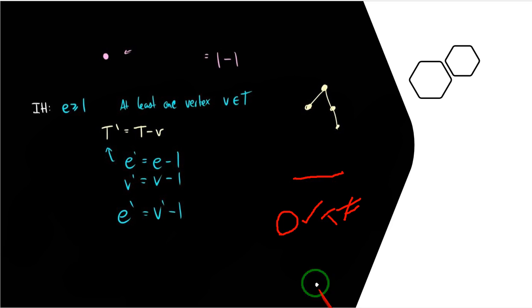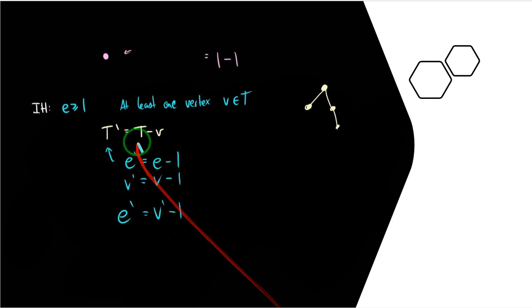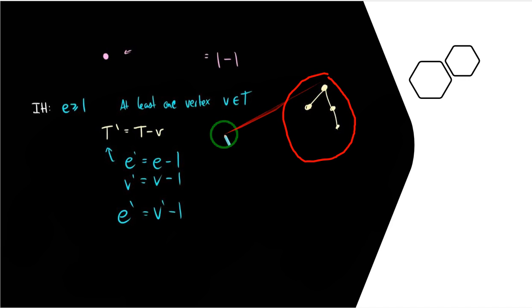Okay, so let's come to prove it. Using the same formula as I mentioned before, we have an old tree, and we need to make a new tree. So we can say that the new tree T prime is equal to T old minus v old, where T is a tree and v is your vertex. This is the hypothesis you are making.